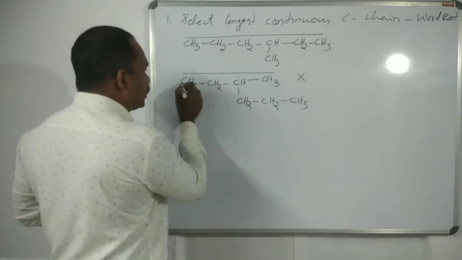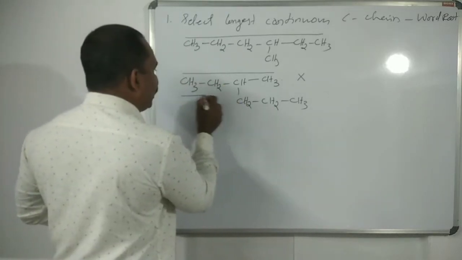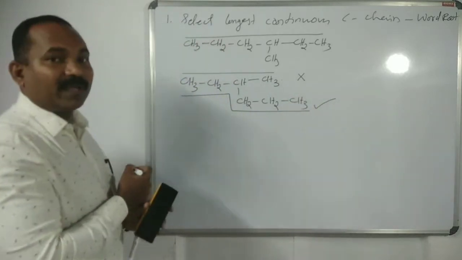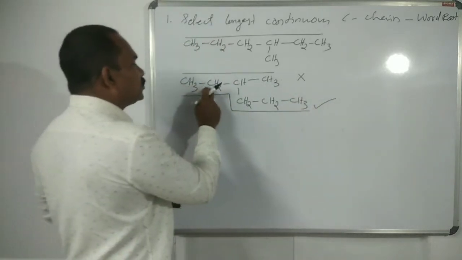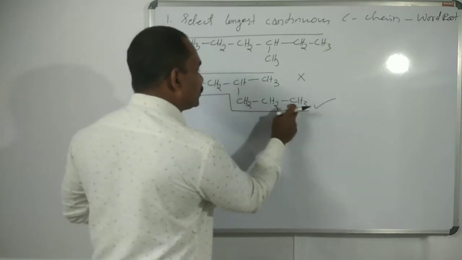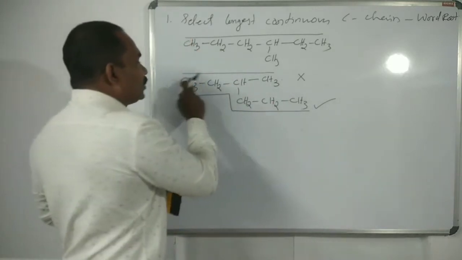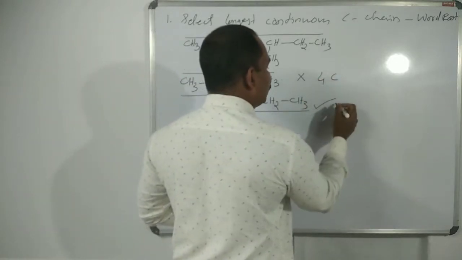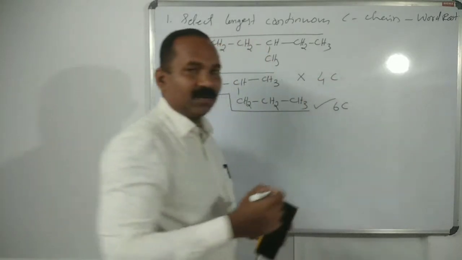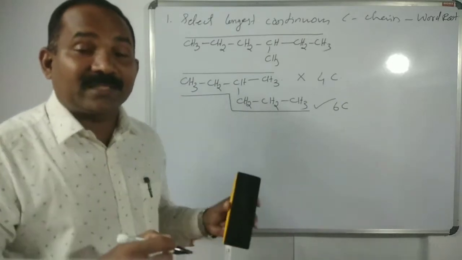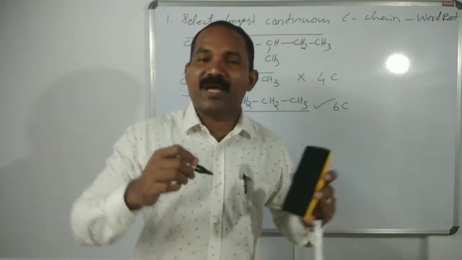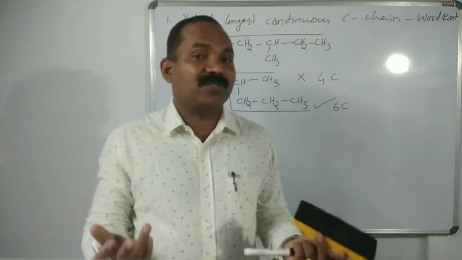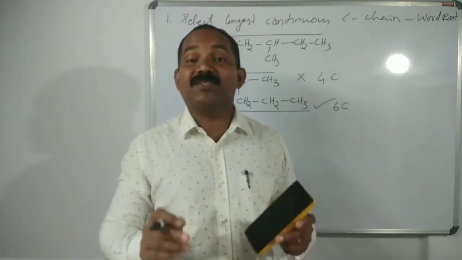But when you take this one as the long chain, how many carbon atoms? 1, 2, 3, 4, 5, 6. In this chain, 4 carbon atoms; in this chain, 6 carbon atoms. So select the longest continuous hydrocarbon chain which may or may not be straight. That is the first rule.